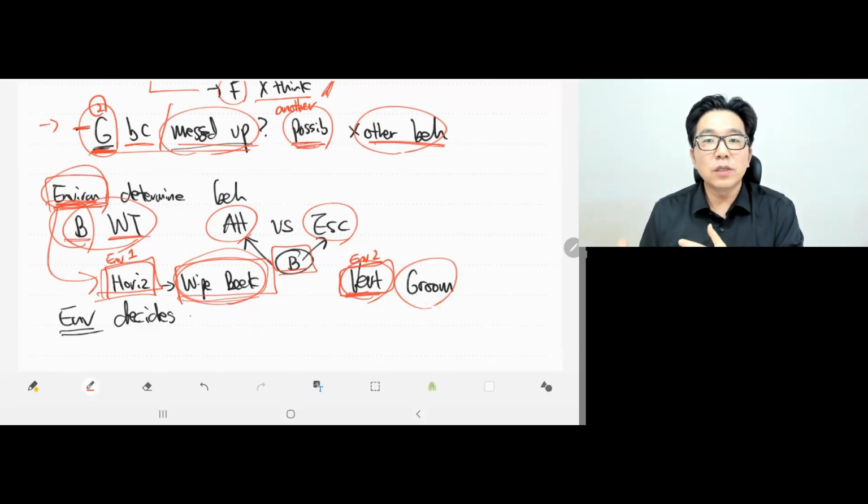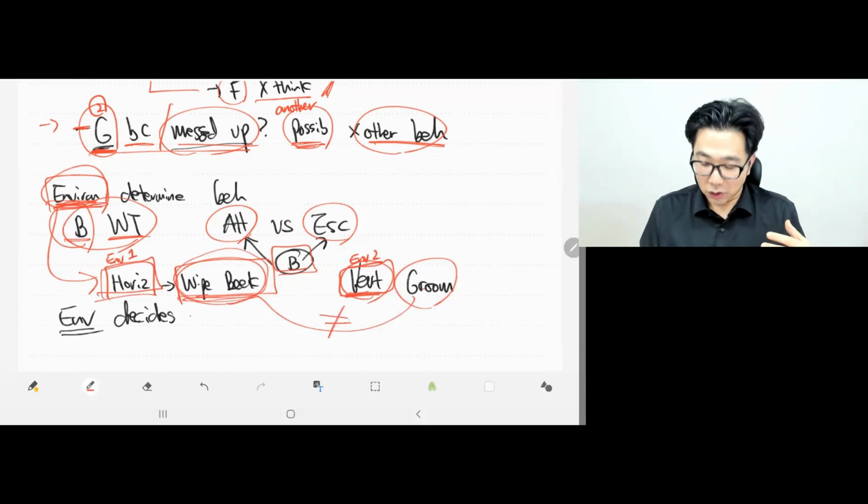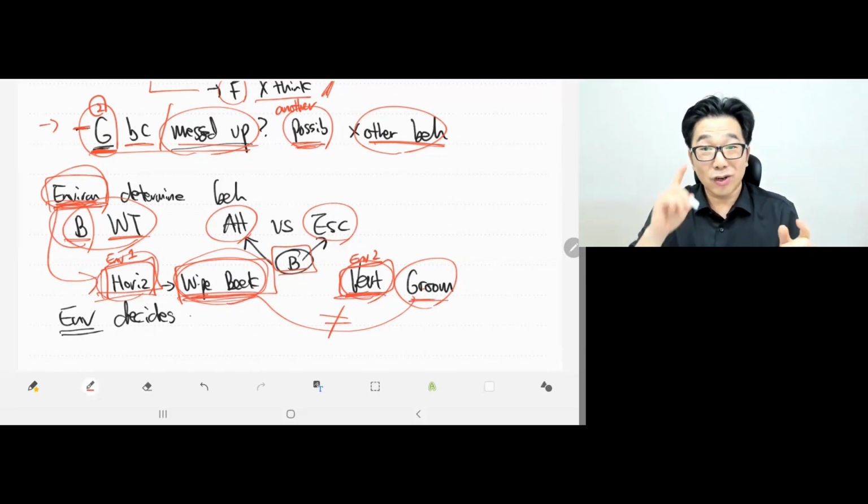The bird grooms itself instead of wiping its beak. So these are two different actions. In environment 1, this action. In environment 2, this action. Okay, so it depends on the environment.